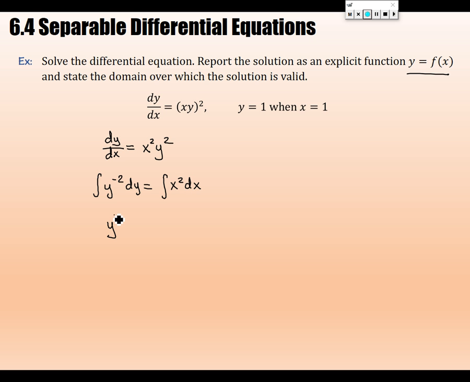Over here, we'll get negative y to the negative first, and over here, 1/3 x cubed plus c. No huge surprises yet. Let's put in 1 and 1. So it looks like c is negative 4/3.